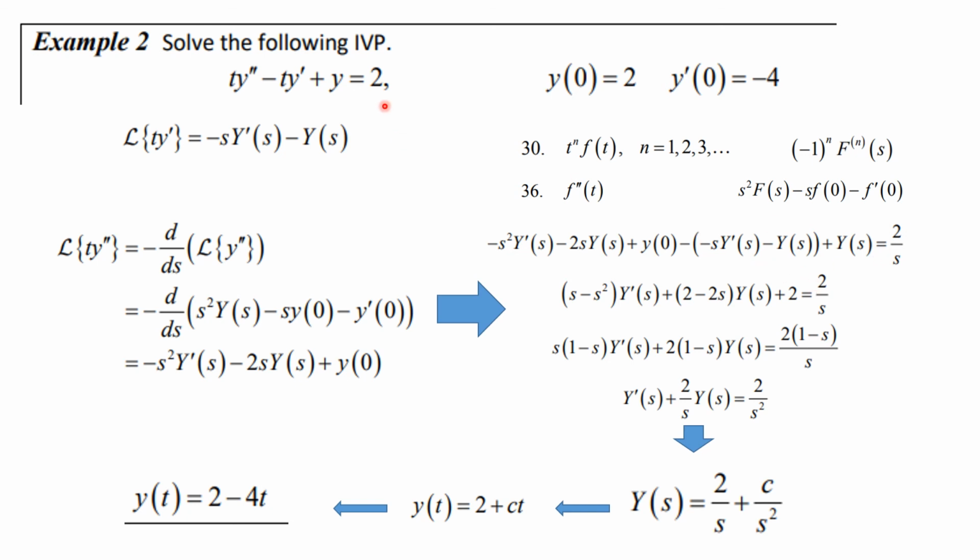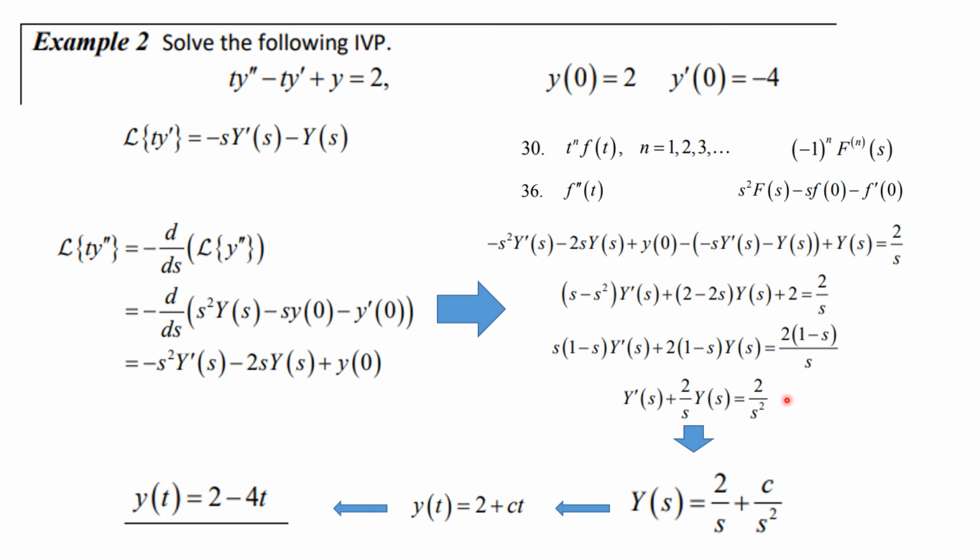We get that plus y of s is equal to, and I did a transform of this, and I get 2 over s. We'll solve this, and we work and we solve it, and after a while we come across that this is y prime of s times 2 over s, y of s is equal to 2 over s squared.